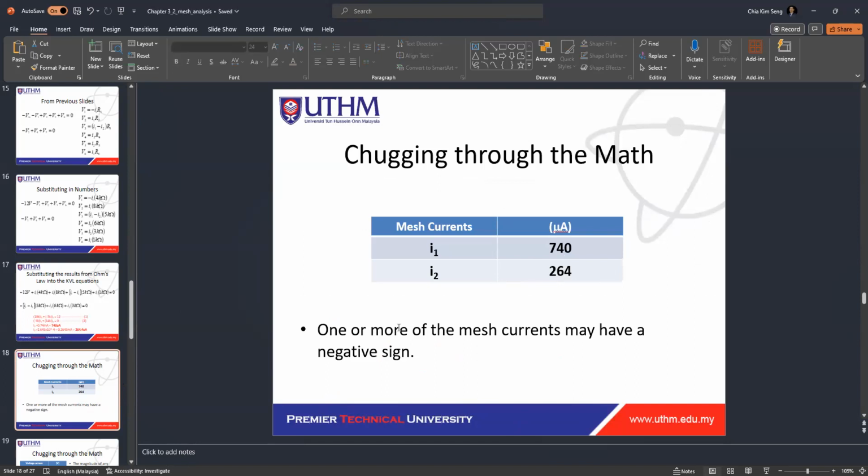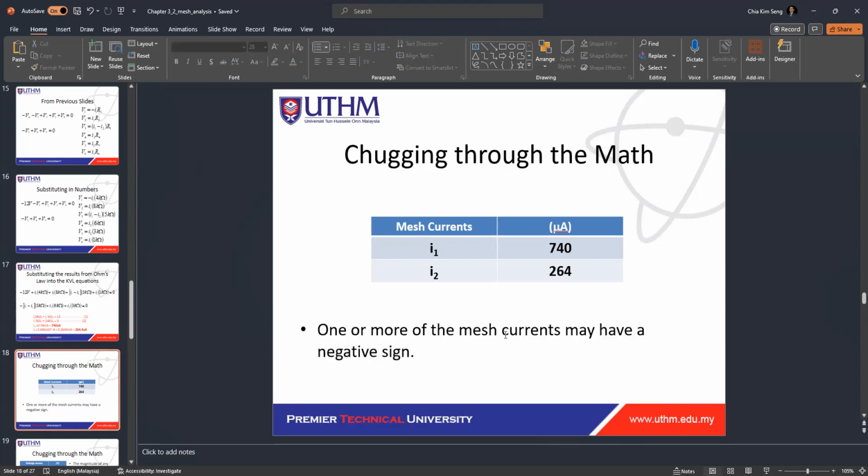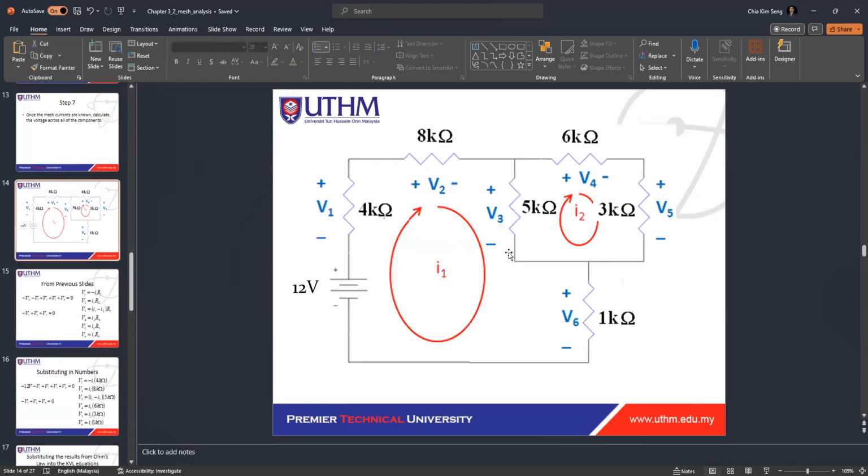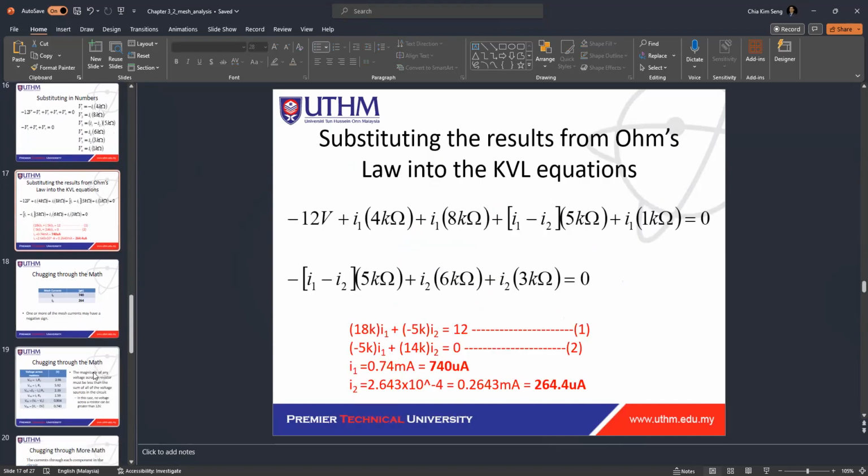Okay, one or more of the mesh currents may have a negative sign. It depends. But in the norm, we will go crosswise. Okay, you fit this one. So if here you go crosswise, and here you try anti-crosswise, that is not a good practice because you will confuse yourself as well.